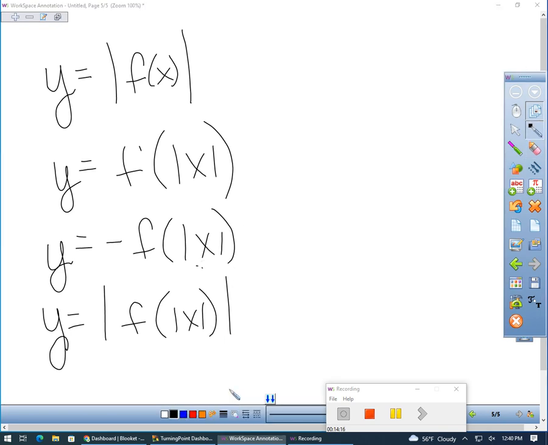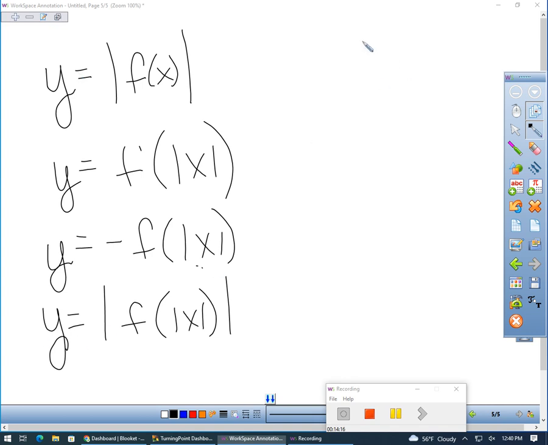Alright, so here's how I want to describe it. What this simply means is that you're making it positive what they're talking about, okay? So in this first one, you're making the whole function positive, right? Because the whole thing's in the absolute value.